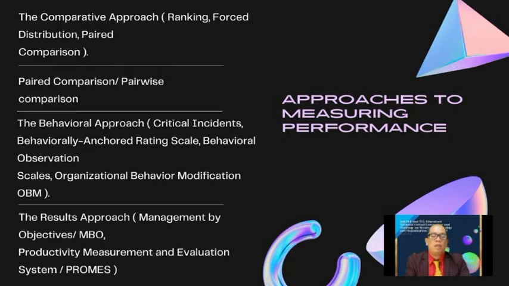Criticisms of the comparative approach are the following. While the system provides an effective tool to differentiate employee performance and virtually eliminates problems of leniency, central tendency, and strictness in rating, it fails to link to the strategic goals of the firm. Moreover, the subjectivity of the ratings puts their reliability and validity in doubt.